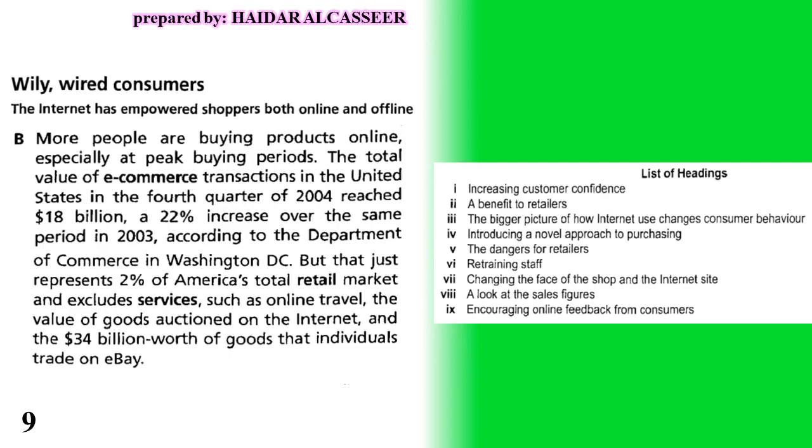So since we have percentages, that means it's a figure. A figure means a drawing, a mathematical drawing. This is what we call figure, and that means it's the percentage. So without thinking, it's number 8, a look of the sales figures. This is the only one that matches here.